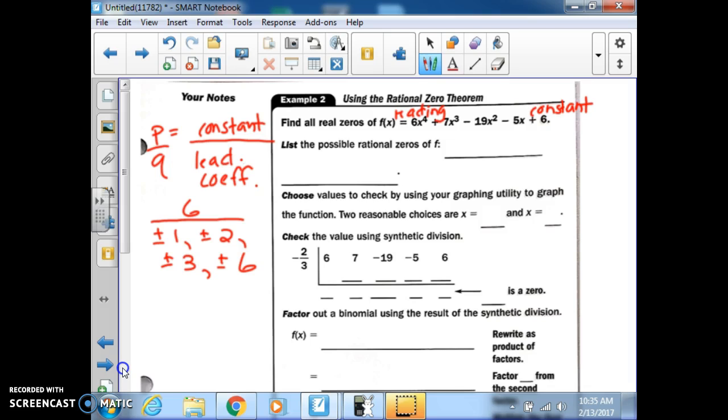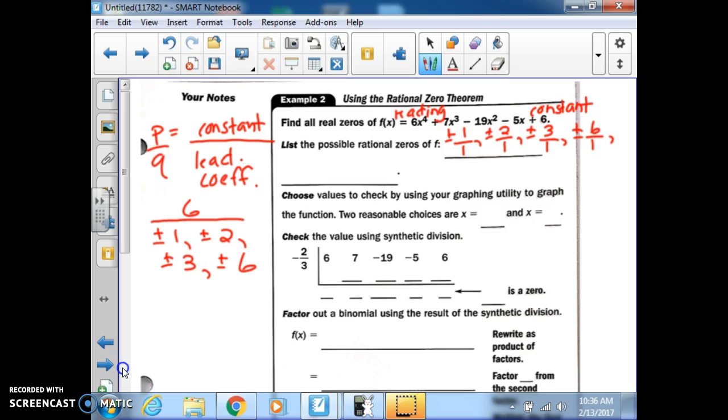All right, so now we have to make sure we match up every number with all of the other numbers. Okay, so let's start with 1. We got plus or minus 1 over 1. Then we need to do 2, plus or minus 2 over 1. 3, plus or minus 3 over 1. And 6, plus or minus 6 over 1.